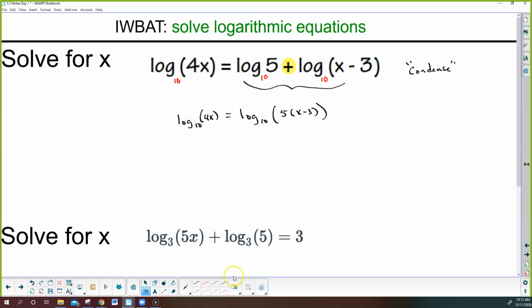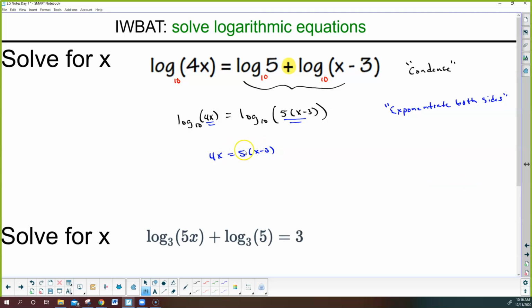But in this case, it's actually better to exponentiate. Notice they both have a log base 10. Logically, if these are equal, then whatever's inside the parentheses has to be equal, right?